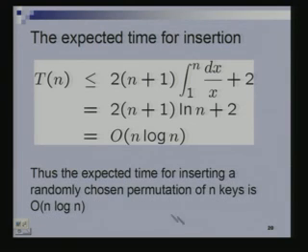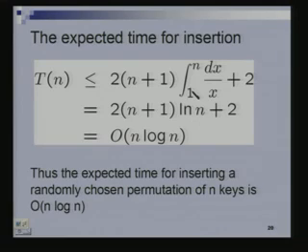The harmonic sum was at most the integral of 1/x from the limits 1 through n, plus a 2. This is log of x. At x equals n it gives log of n, at x equals 1 it gives 0, so it will just be log of n. So this is exactly this sum, which is order n log n.